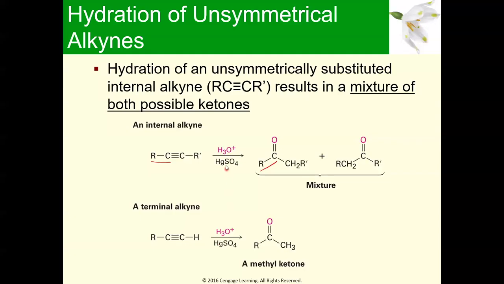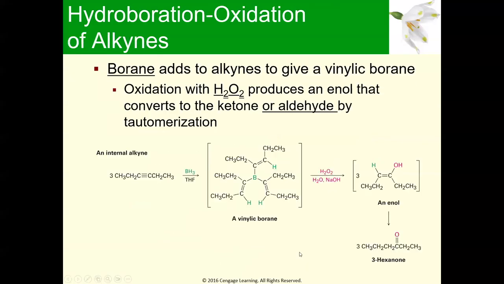All right. So all of this, just to remind you, is when we catalyze the process with mercury(II) sulfate in acidic conditions. So the other way, when we talked about alkenes, that we could slap a hydroxyl group in there, was with hydroboration. Hydroboration was the way in which we could add an alcohol group into an alkene, transforming it into an alkane in the process, of course.